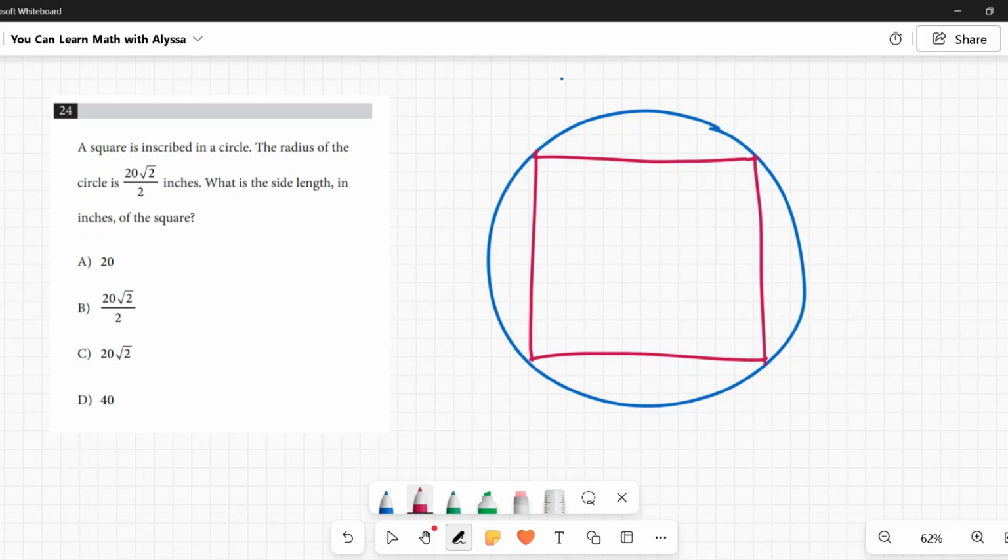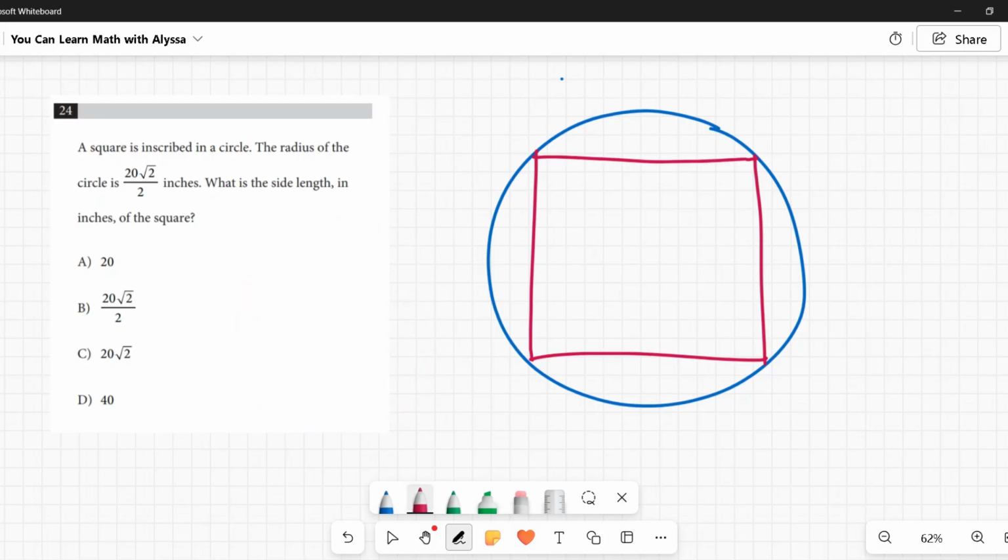That is what inscribed means. Okay, so the radius of the circle is 20 square root of 2 over 2 inches. The radius is, if I have a circle, a line that goes from the point in the middle, from the center, to a point on the edge. And it can be any point on the edge. The radius of the circle in any direction is always going to be the same.